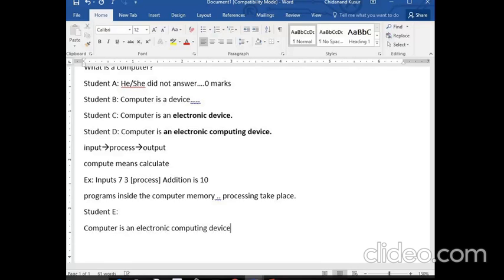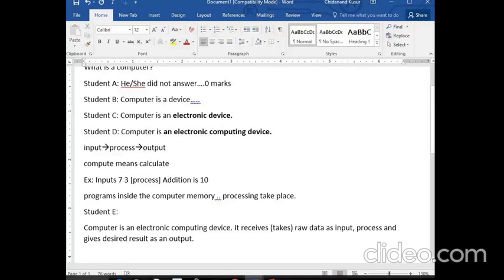Oh, very good. Next, it receives, means it takes raw data, means which is not processed, as an input. Then it will process, sir, and gives the desired result, whichever I want, as an output. That is what we call computer, sir.